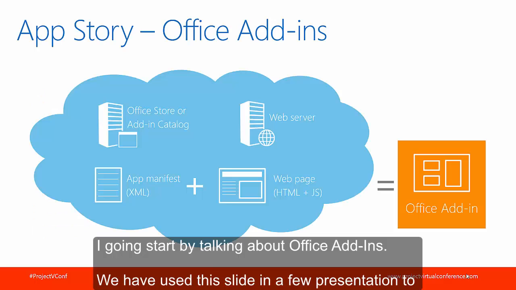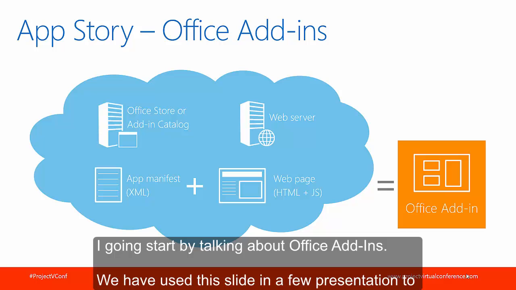I'm going to start by talking about Office add-ins. We have used this slide in a few presentations to give an overview of an Office add-in. The important thing to note is that the Office add-in is implemented as a web application. What this means to you as a user is that there's no need to install anything in your local environment. The applications will actually run on a separate web server, totally separate from your environment.